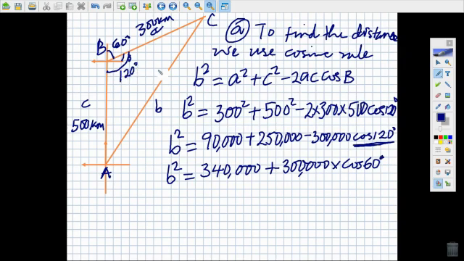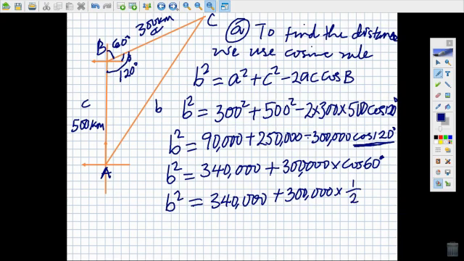Cos 120 is the same as minus cos 60 degrees, so that is why the sign changed from negative to positive. So we have b square is equal to 340,000 plus 300,000 times 1/2.